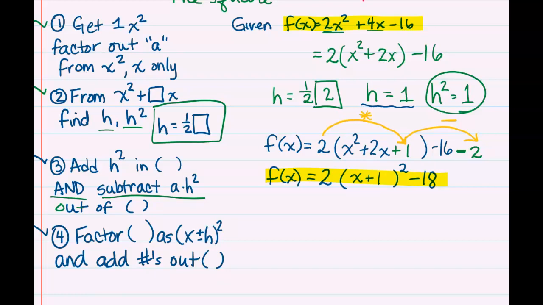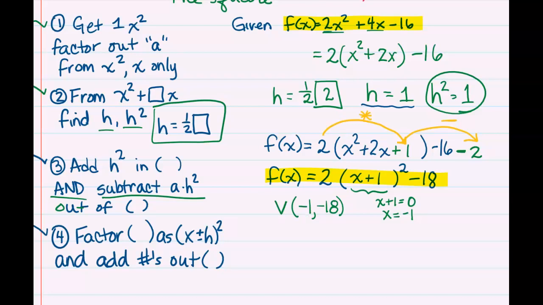What we notice is that the vertex is going to be located at -1, -18. Remind yourself that when we're looking at the transformation horizontally, we let this parentheses x plus 1 equal to 0 and we solve it. X is equal to -1. That's our value that we found right here for our x value.